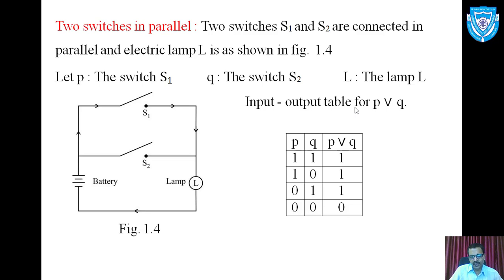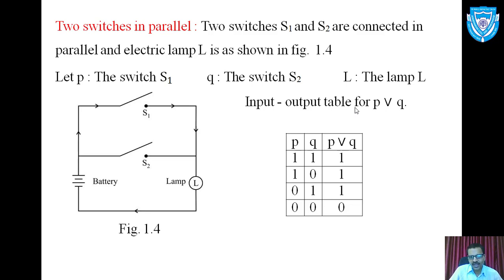And in the last row of the table, P has truth value 0, Q has truth value 0, meaning both the switches are in the off state and the current does not reach from the battery to the lamp in the circuit.